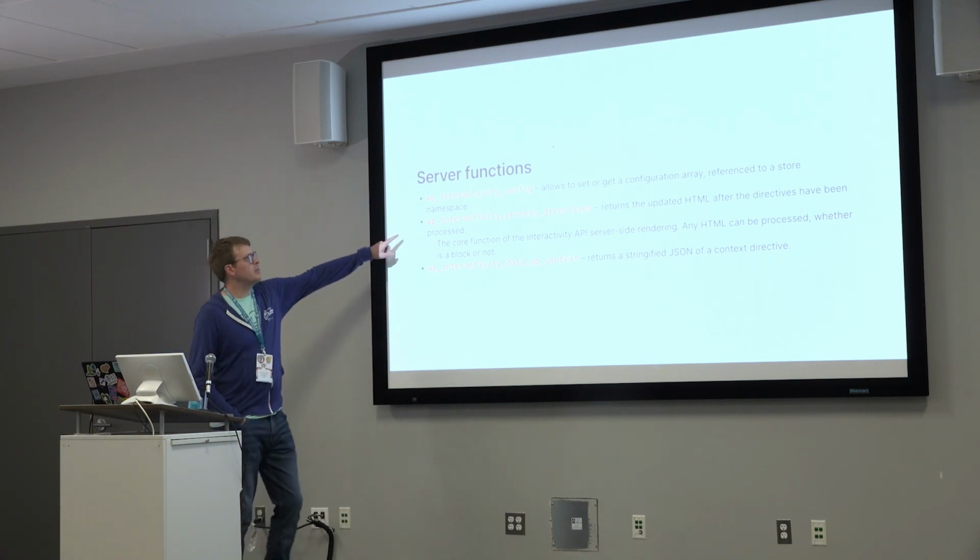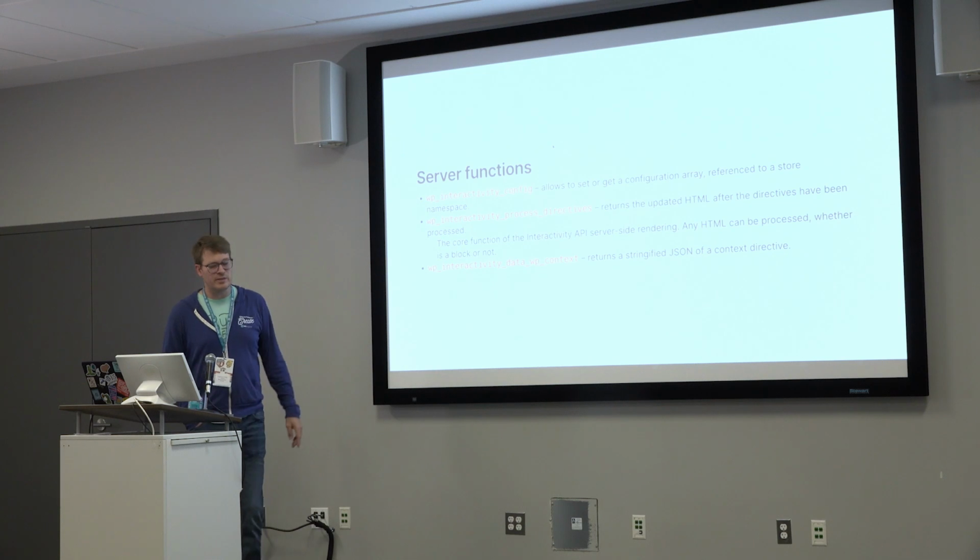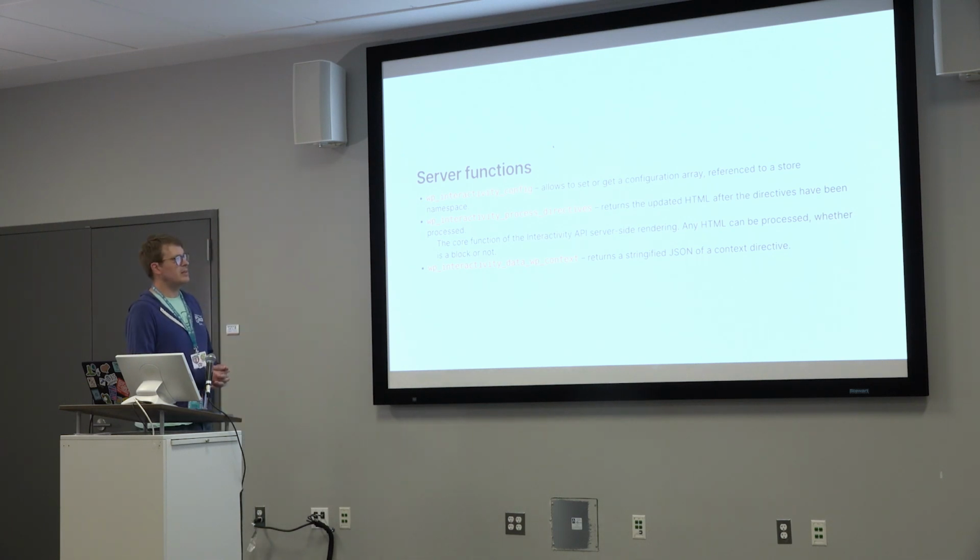But this one in particular, process directives, is tied to the HTML API, which the Interactivity API relies on. When you pass those directives, it's processing your markup and associating the directives with the client-side information.